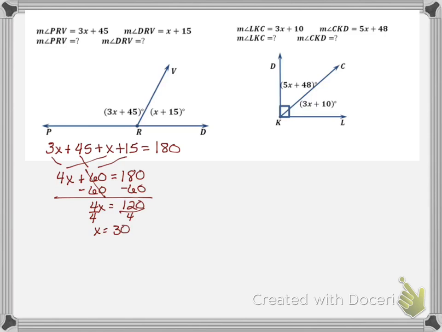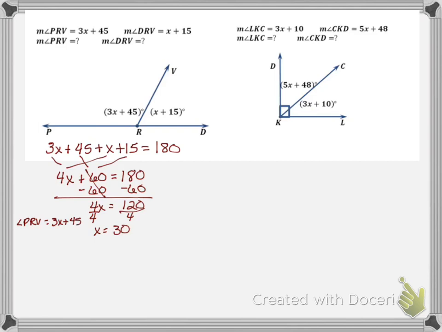Now, one thing to be very careful of is that we've got to read the problem and make sure that we've answered the question. And we're not done. We've only figured out what the x value is. So let's go ahead and figure out what angle PRV is. So angle PRV is 3x plus 45.